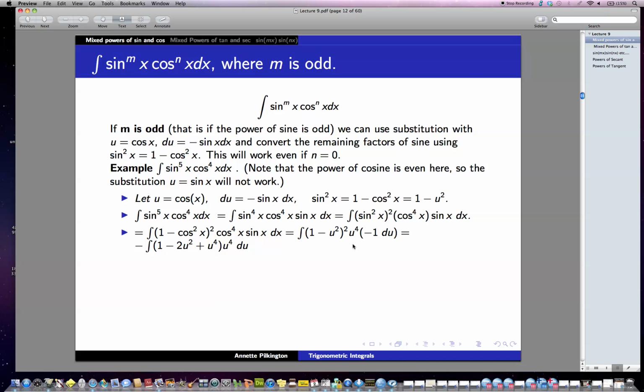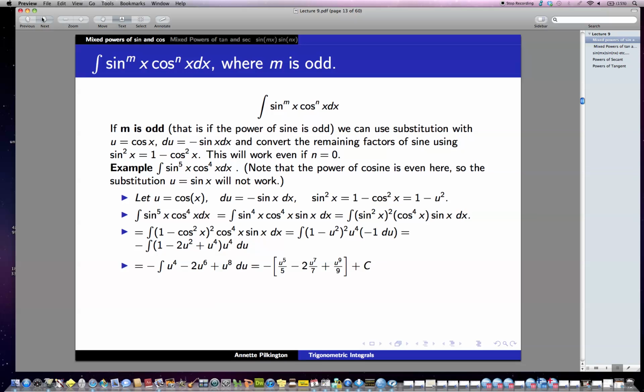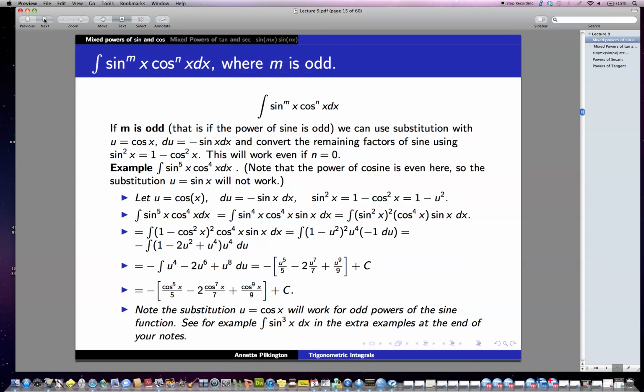And this converts to the integral of 1 minus u squared, squared, times u to the 4 times minus du, and again I'm just integrating powers of u, which is relatively easy, and I then convert them back at the end of the calculation to functions of x. Again, the same substitution will work for any odd power of sine. I don't need to have cosines in the function.